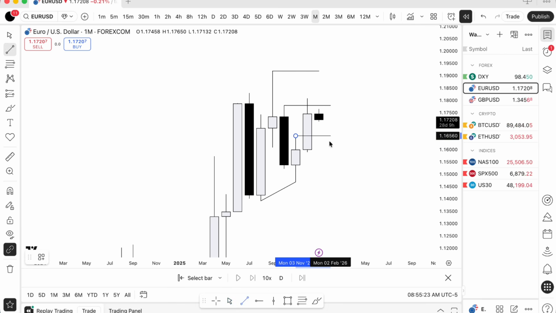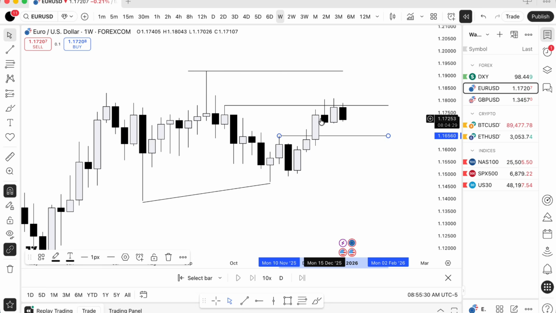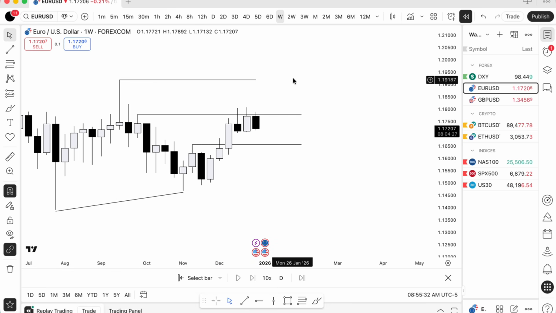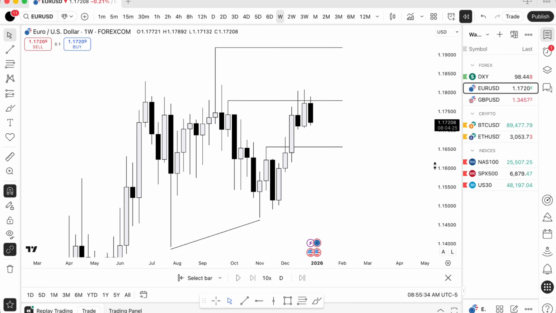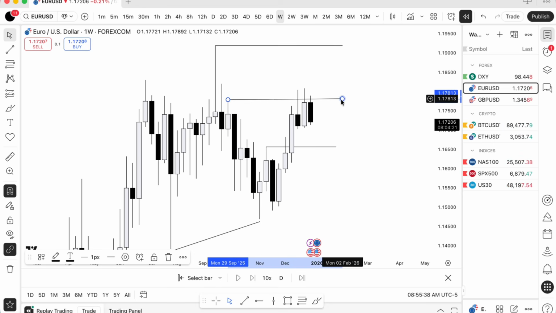So if no close above this, I will not count it as key level. Now I can count this as a breaker, because on weekly time frame, it's a high being broken out of. I have drawn liquidity and key level. This is only my key level breaker, right?